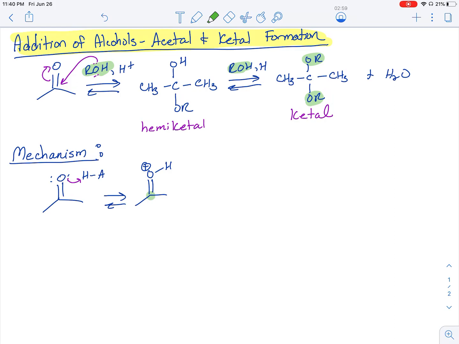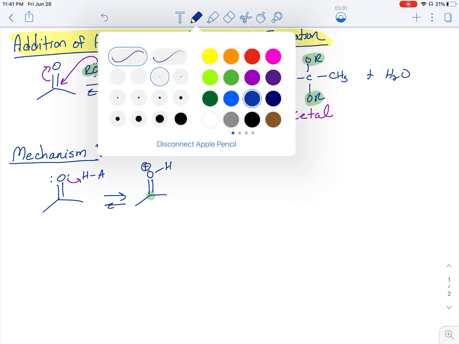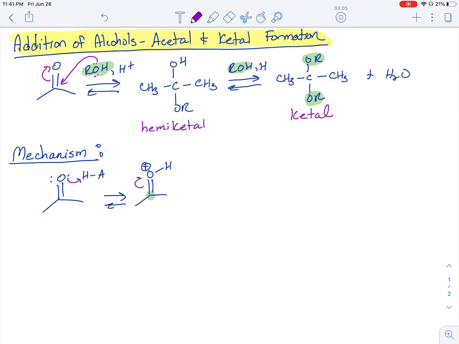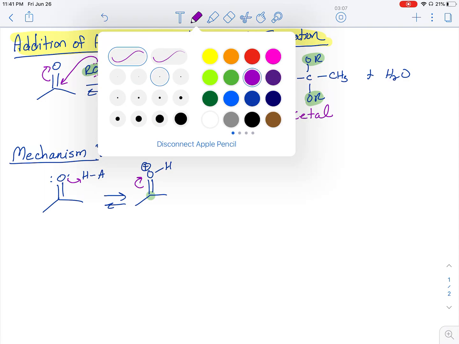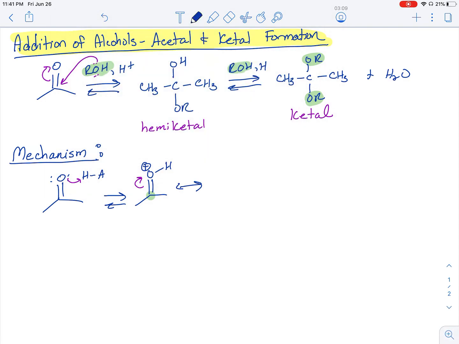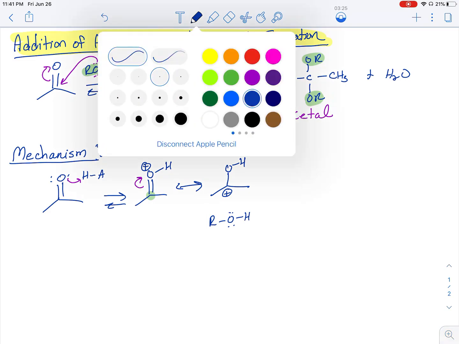And by protonating this oxygen, what we've done is we've made this carbonyl carbon much more electron deficient. And we can show that by drawing a resonance structure, right? When we draw this resonance structure, we can see that we have made that carbonyl carbon much more electron deficient. So at this point, the weak nucleophile, which is the alcohol, is now strong enough to come and do a nucleophilic attack.